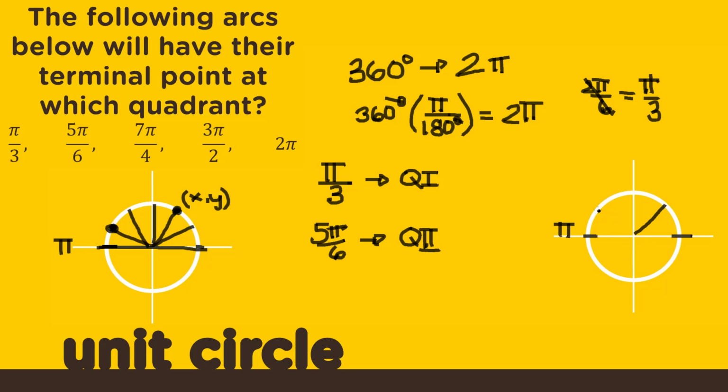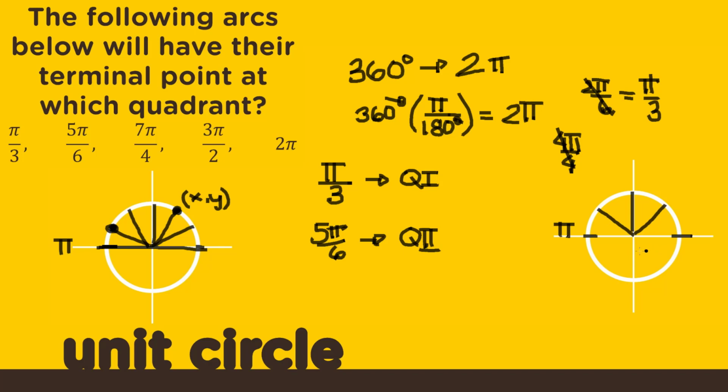Assuming that my division is correct, this is our first pi over 4, the second pi over 4, the third pi over 4, and the 4 pi over 4, which of course is just equal to pi. But our question here is the terminal point of 7 pi over 4.